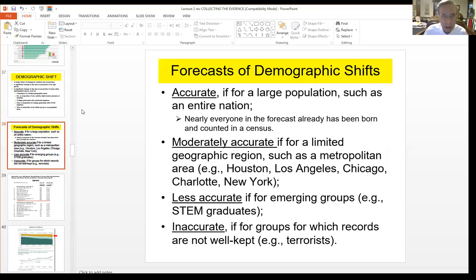Various gangs, you hear about them on the news. We have some data about them, but they migrate. There's one gang, a large gang, that's migrating all over the United States. We don't have good records on them, and it's very difficult to forecast how big the group is or where it's located. And there we just don't have accurate forecasting at all.